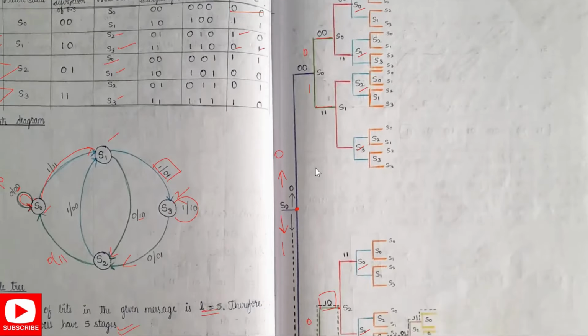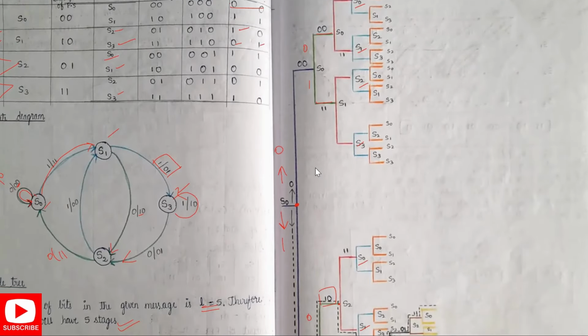But the values will be different: S0 branches to S0 on 0 and to S1 on 1, whereas S2 branches to S0 on 0 and to S1 on 1. So this is how it differs.